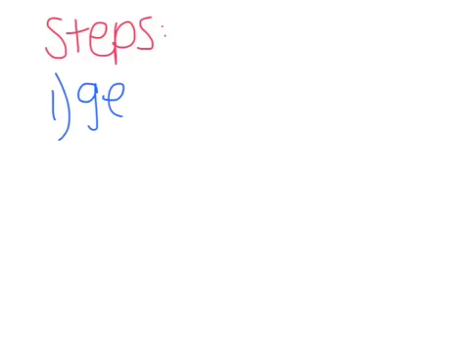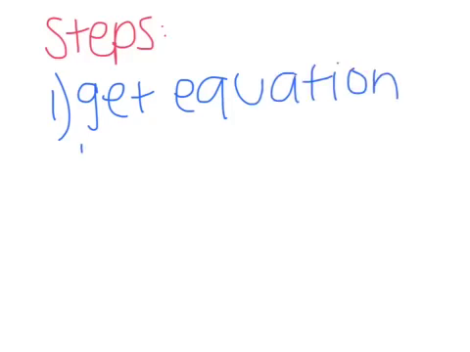So the first thing we're going to do is talk about the steps in determining the roots by using the discriminant. The first step is you need to get the equation into standard form.